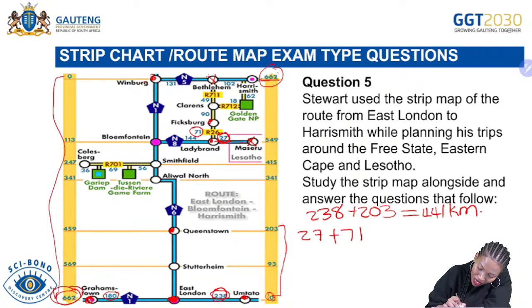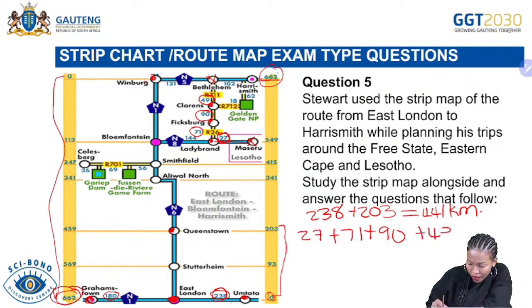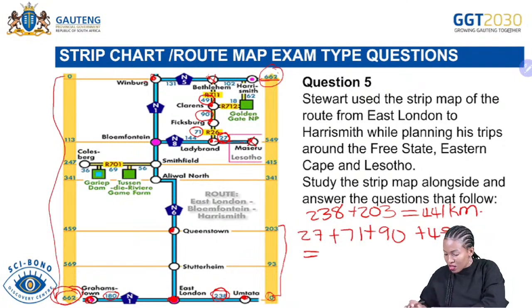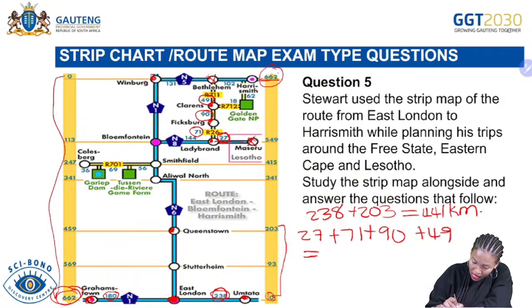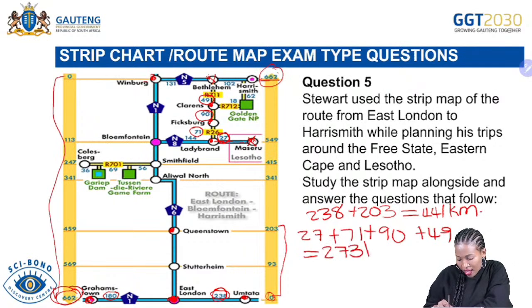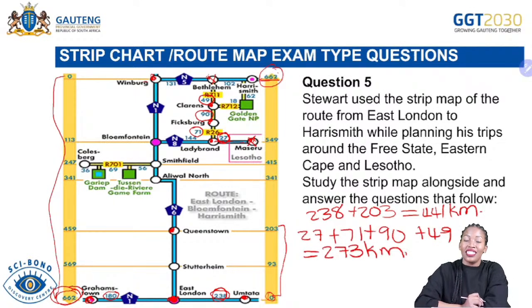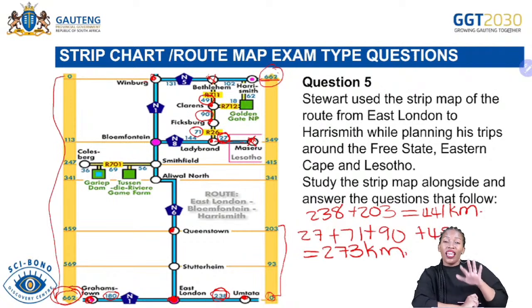From Ficksburg to Clarence, it's 90. From Ficksburg to Bethlehem, it is 49. So what will be the total distance? You do your math there. It is 27 plus 71 plus 90 plus 49. So the total distance from Maseru to Bethlehem is 273 kilometers. Guys, this is how you work with a strip chart.